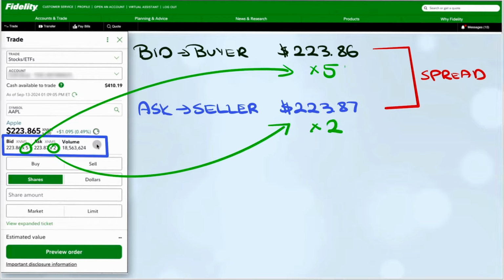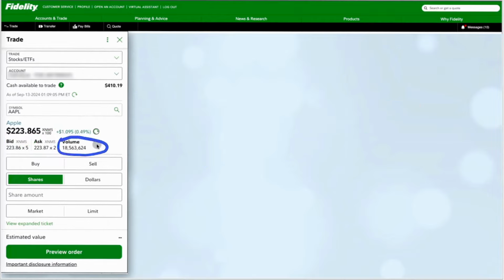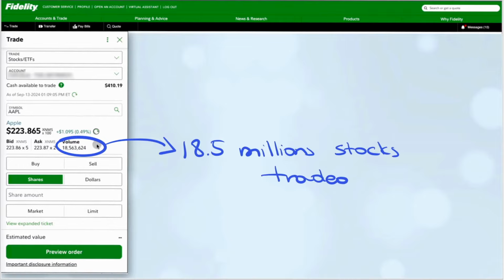So in this case, people are willing to buy 5 times 100, which is 500 shares of Apple stock at $223.86. And investors are ready to sell 200 shares at $223.87. The final number here is volume, which is simply the number of shares traded for a particular stock or investment over a specific period.